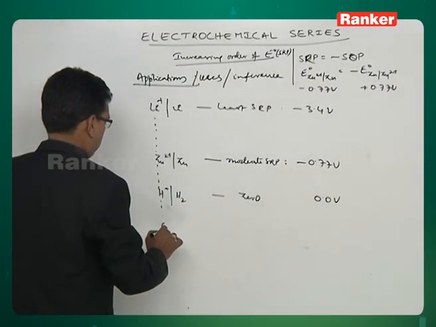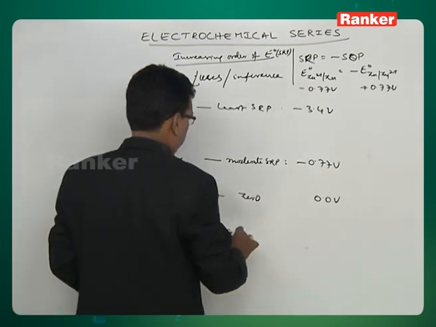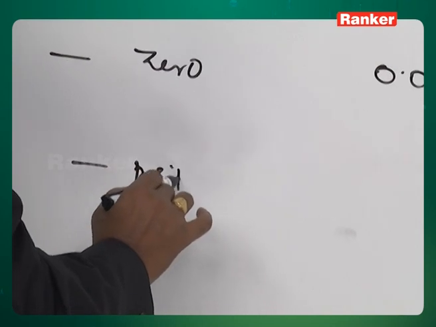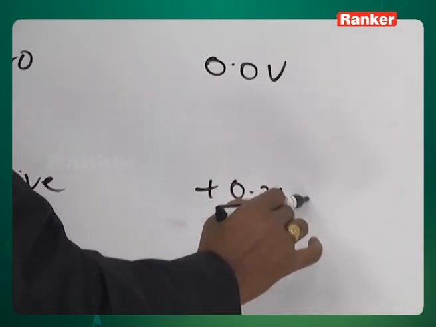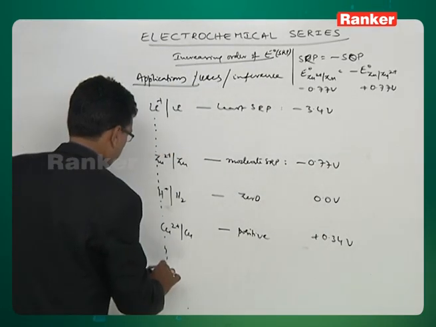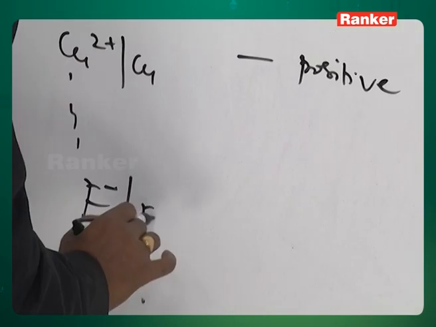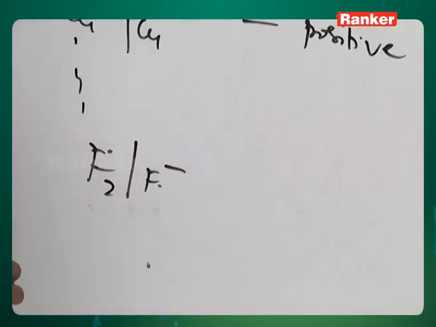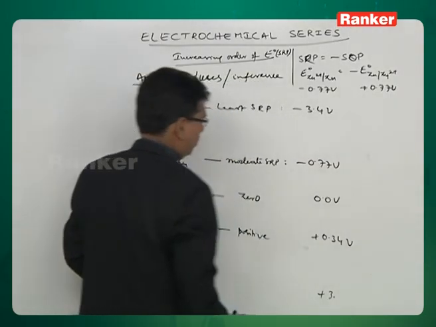Then copper having positive, that is plus 0.34 volts. And last, of course, fluorine, which is some plus 3.